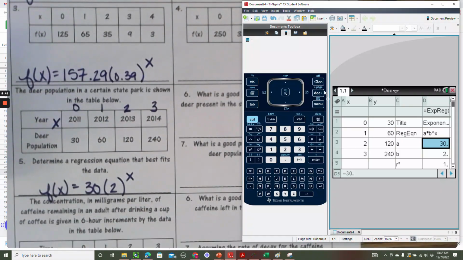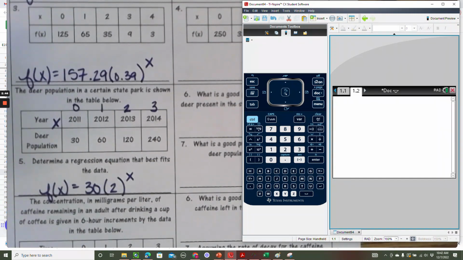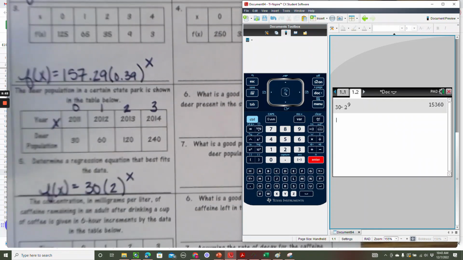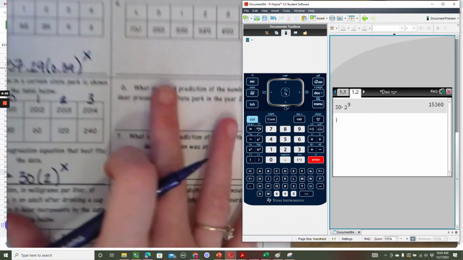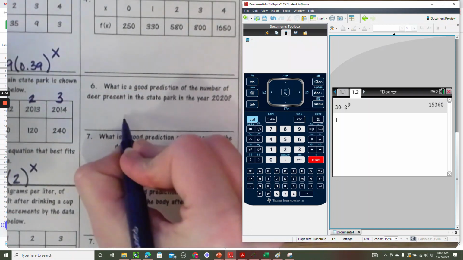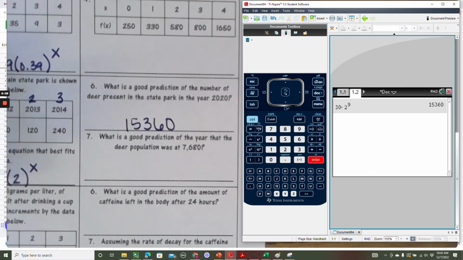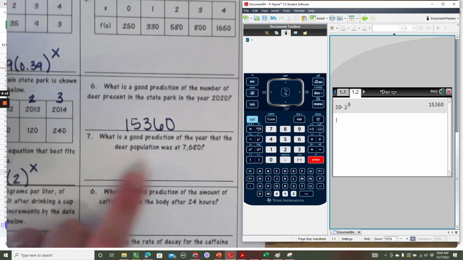So all I have to do is on a calculator page, do 30 times 2 to the 9th. Yep. So 15,360. And then what is a good prediction of the year that the deer population would be 7680?